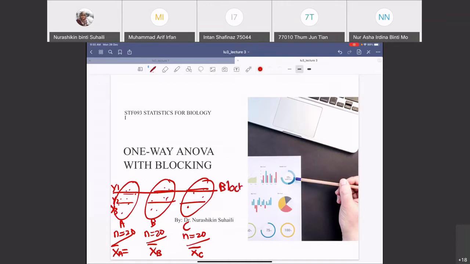A block means that you put another extra factor in order to make your data more specific. When I introduce year 1, year 2, and year 3, that is an example of a block. So instead of analyzing the whole sample, I put blocks, and you can see that it is more specific.